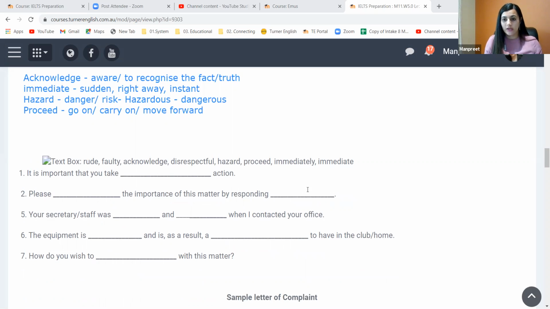Let's start with the first blank, Kiran. It's immediate action. Would you mind reading the whole sentence for me, please? It is important that you take immediate action. Good. Did everyone get this answer?